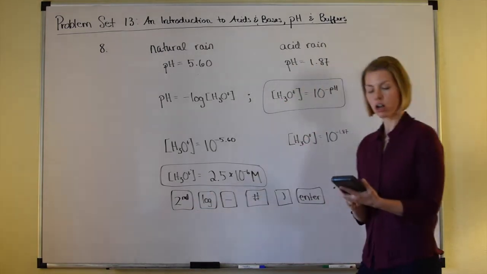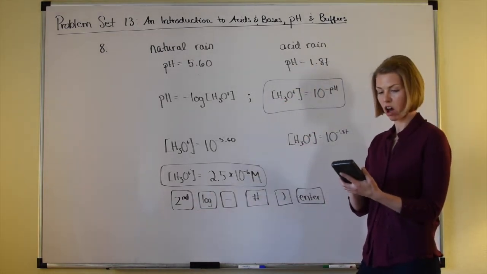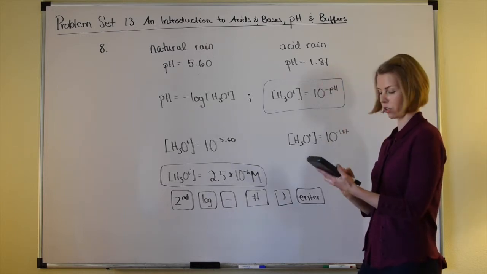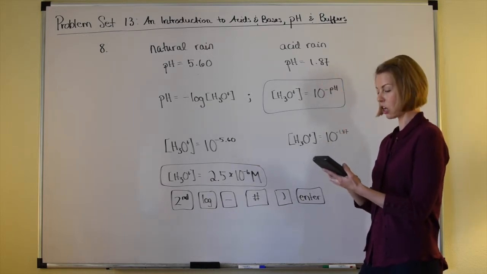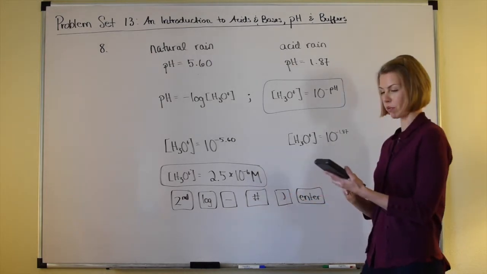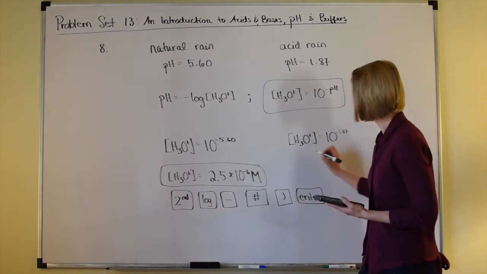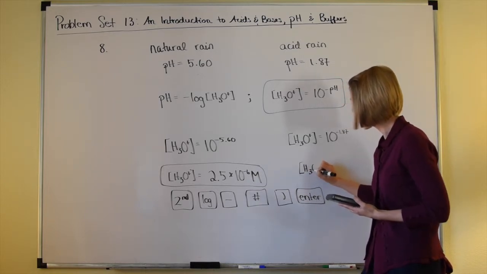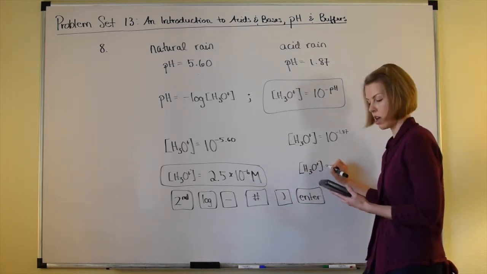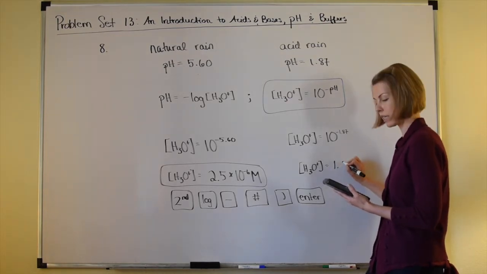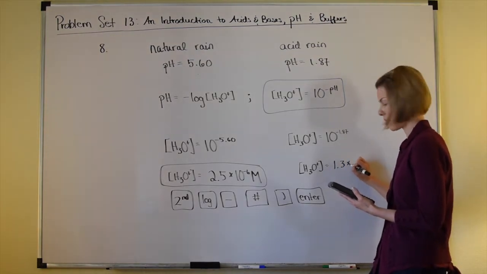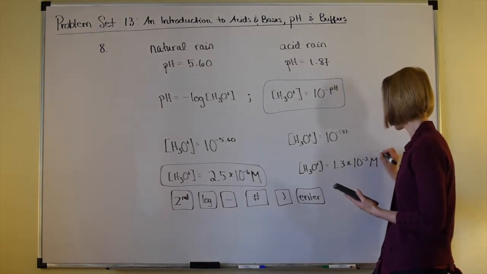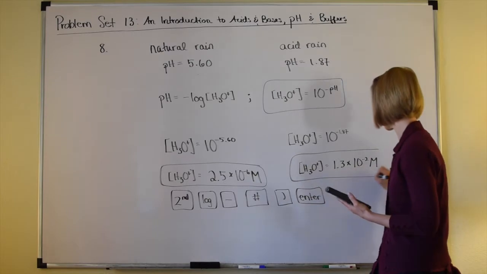So I'm doing the anti-log, so I'm going to push second log to get to my anti-log, and then negative pH, so negative 1.87, close my bracket and press enter, and I get a hydronium ion concentration of 1.3 times 10 to the negative 2. Don't forget your unit, it's molar.